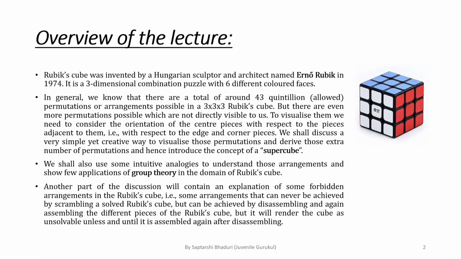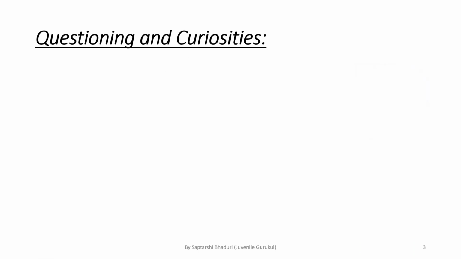Another part of the discussion will contain an explanation of some forbidden arrangements in the Rubik's Cube, that is, some arrangements that can never be achieved by scrambling a Rubik's Cube, but can be achieved by disassembling and again assembling the different parts of the Rubik's Cube, but it will render the cube as unsolvable unless and until it is assembled again after disassembling.